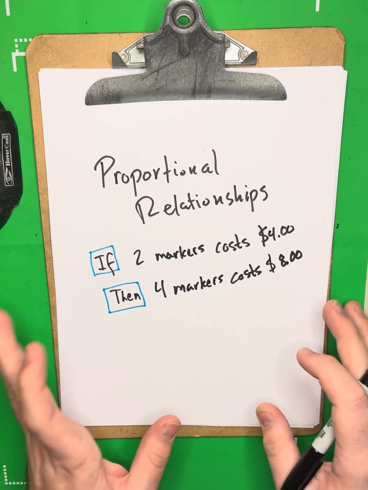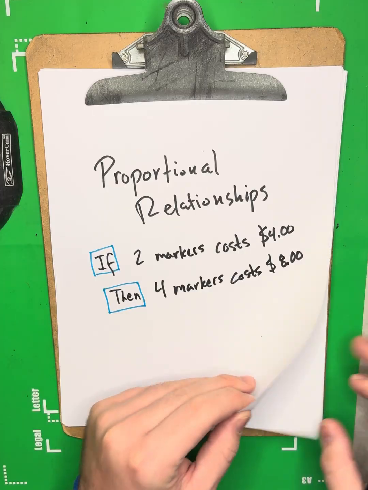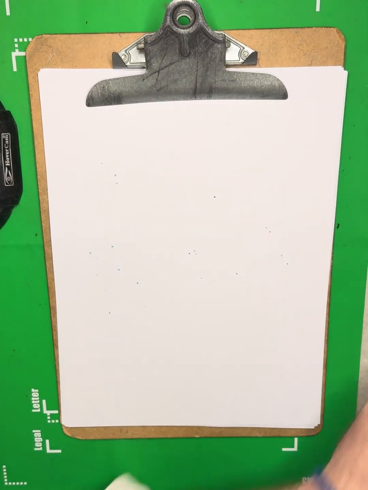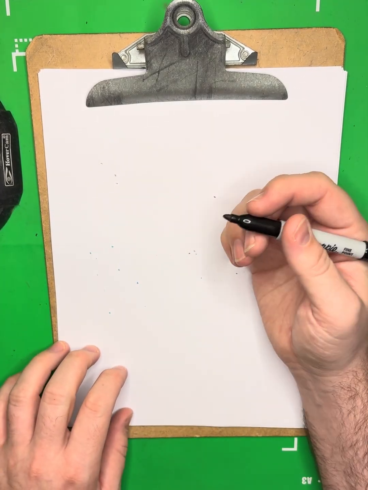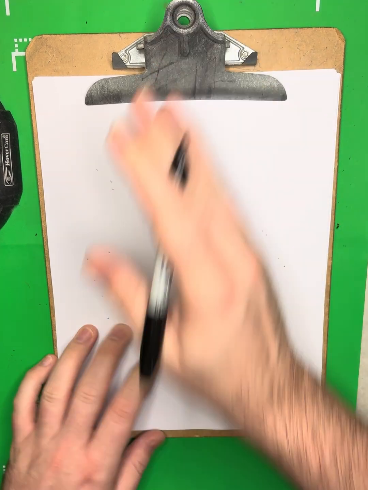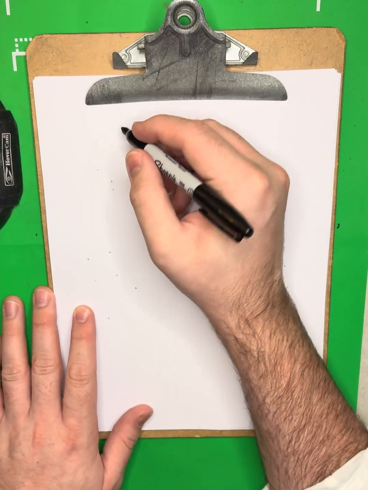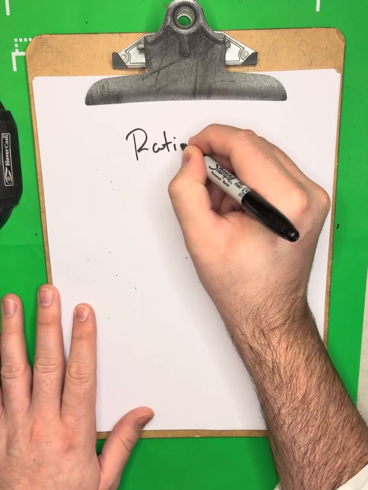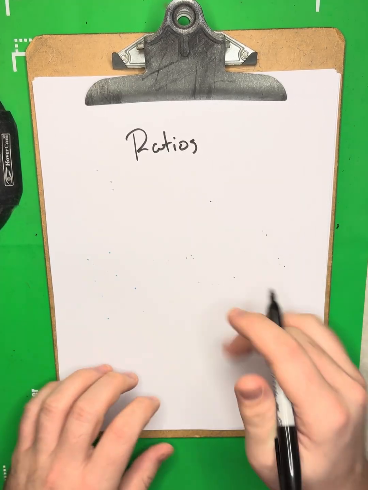And I say or fractions because this idea of a proportional relationship and ratios has to go back to one of our previous units where we discussed what a ratio is. So a ratio is a comparison of two things. All right, so we said ratios exist in 3 different ways.